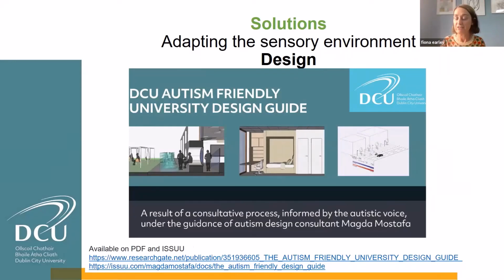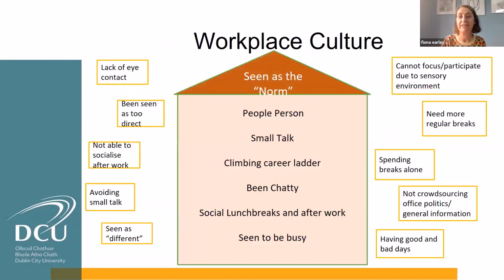So any building going forward, people can look at these guidelines, and there's a checklist of what would make it more sensory friendly. They were designed by Magda Mossafat and DCU Autistic Community, and Magda's special area of interest, I suppose, is autism and sensory friendly design.